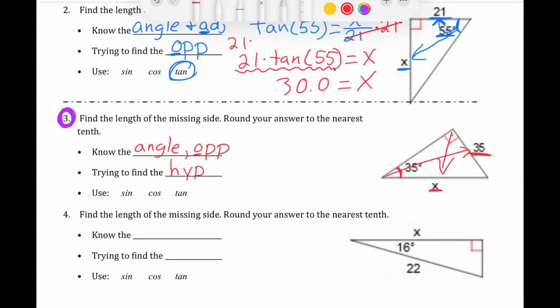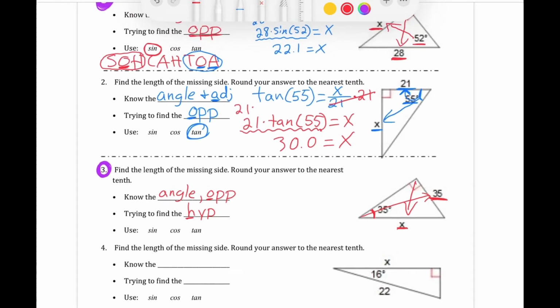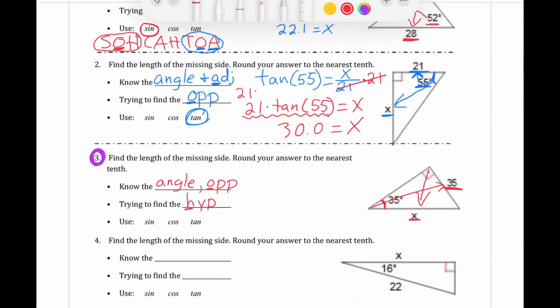So which trig function deals with our O and our H? If you need to look at the SOHCAHTOA letters, O and H is sine. So sine of the angle equals, O comes first, so we have 35 over our hypotenuse, which is x.